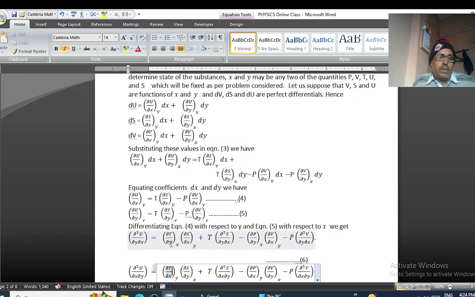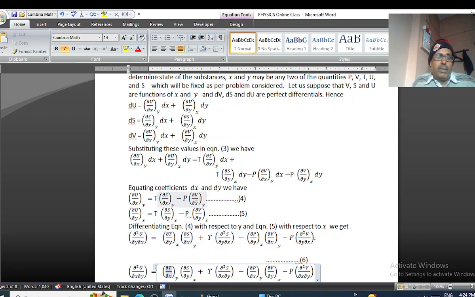Differentiating t with respect to y and del s by del x with respect to y: this term is the product of two terms, so first we differentiate t, and then we differentiate del s by del x. So we get this.